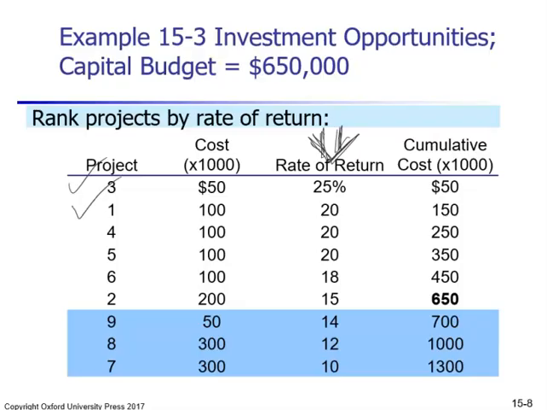And when the cumulative cost here with project 1 is 150, what is the remaining money here now after deciding to invest in project 1? It is now $500,000. After that, we go for project 4 with 20%.